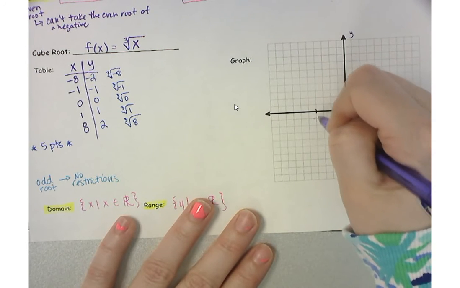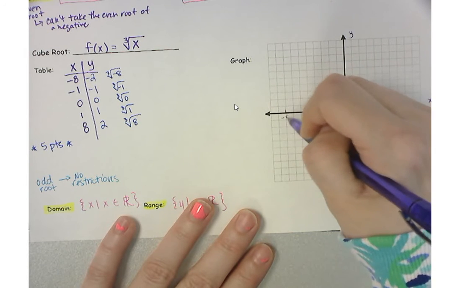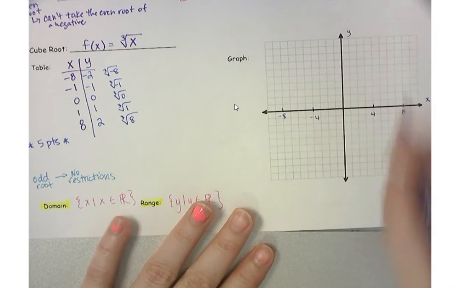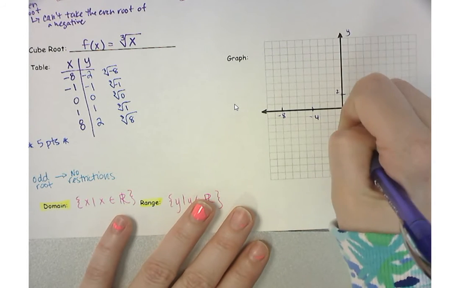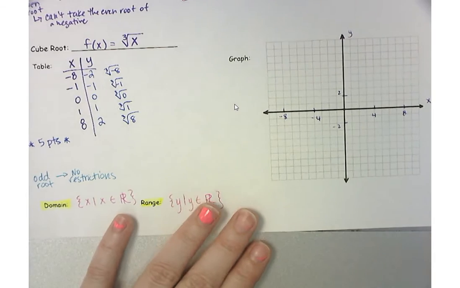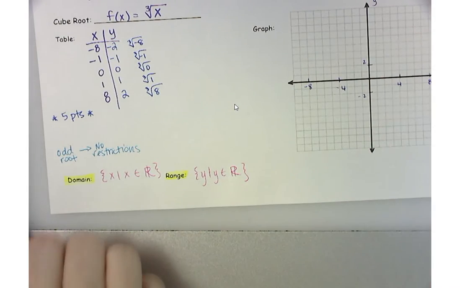When we graph this, I'm going to show you little tricks. We have 0, 0. We're at 1, 1. We're at negative 1, negative 1. See how you have these 3 dots in a row? It's not going to be a straight line.